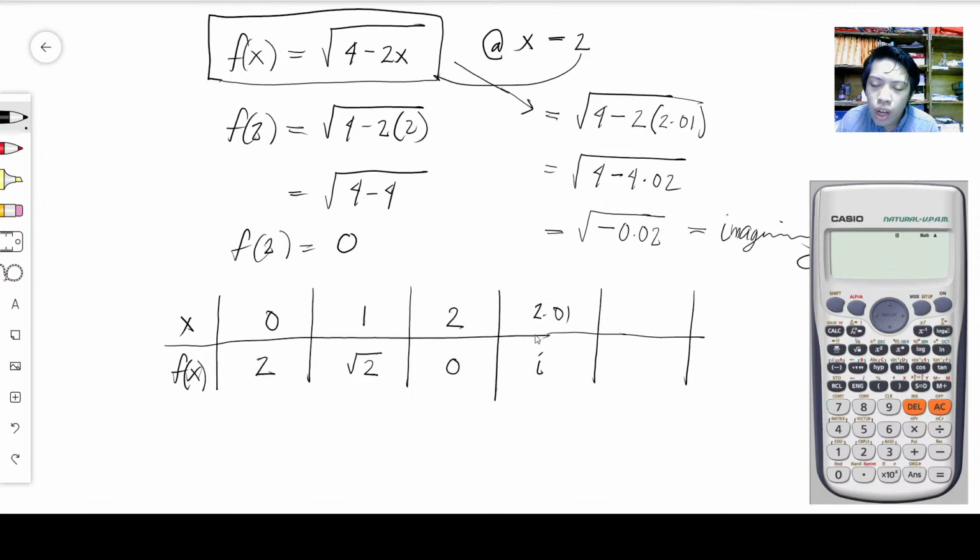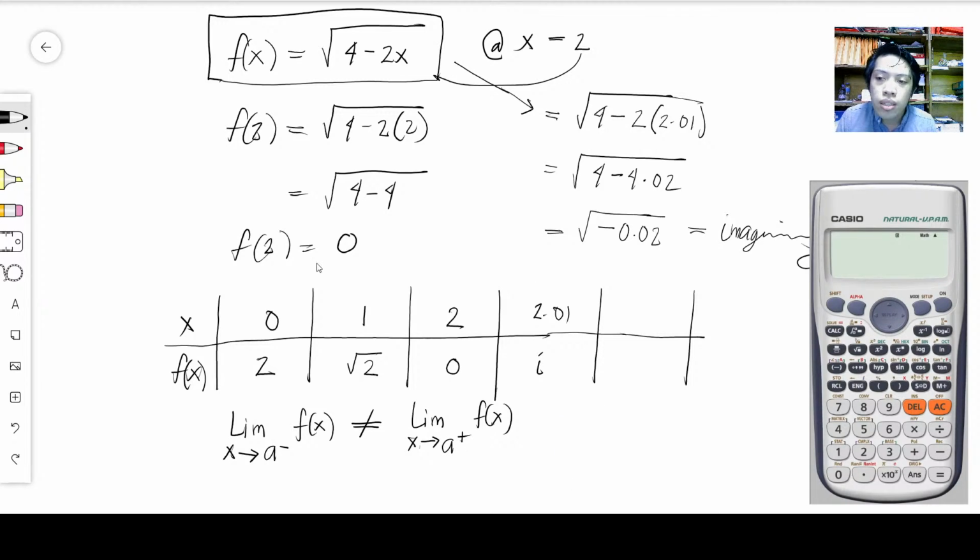And how do we define this function? Based on what we have learned in limit in the previous topic, we can say that the limit of this function when x approaches a certain number from the left is not equal, take note ha, is not equal to the limit of f of x when x approaches the same number coming from the right.